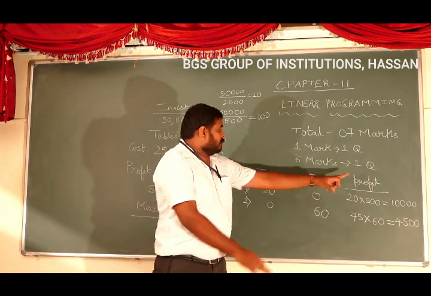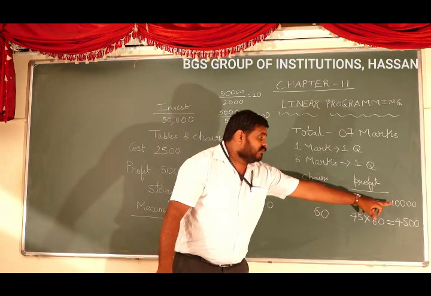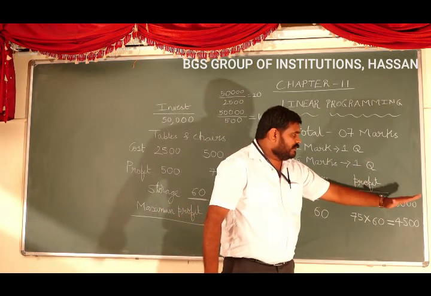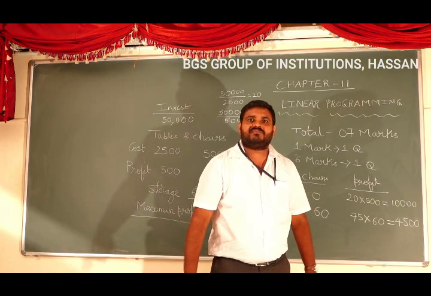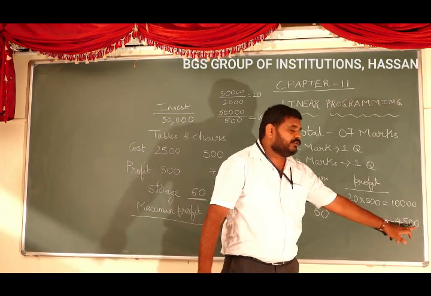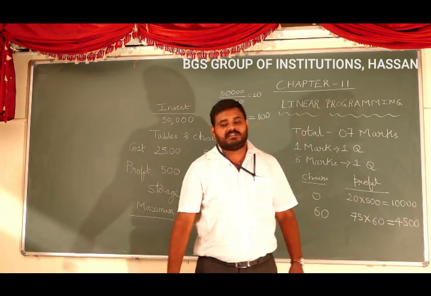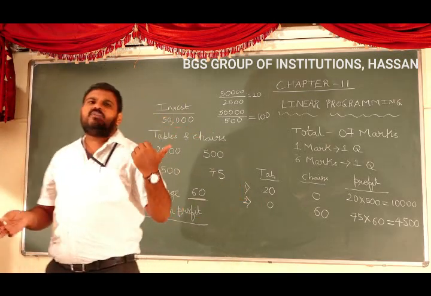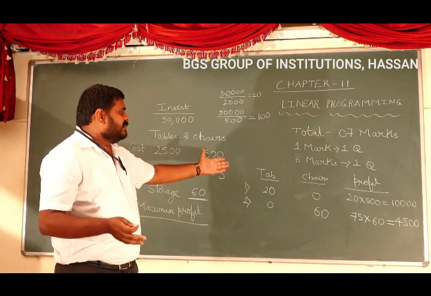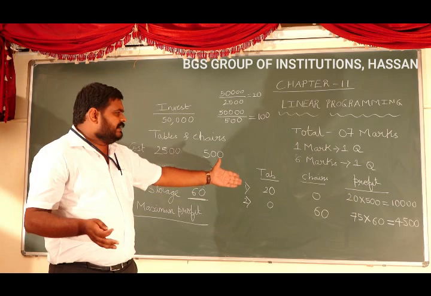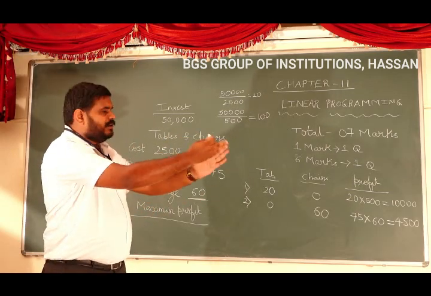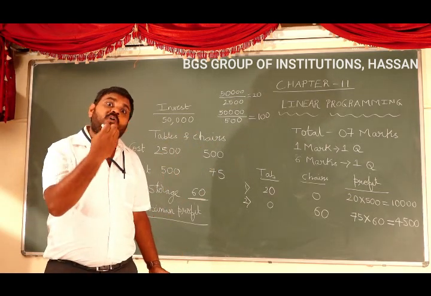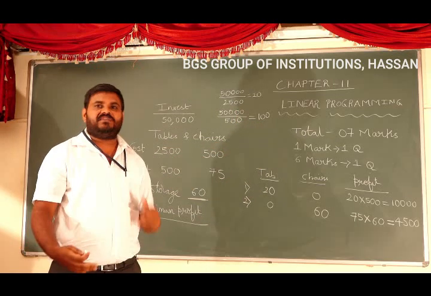Now, there is a difference in the profit where one combination led to 10,000 as a profit and another combination led to a profit of 4,500 rupees. Now you can make a number of calculations saying that you can buy 19 tables 1 chair, 18 tables 2 chairs, like that you can keep on going and calculate the profit.